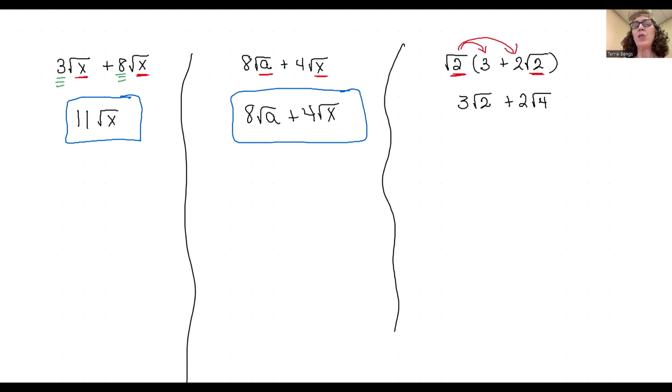We see if we can simplify. 3 square root of 2 can't simplify at all. But what is the square root of 4? We know that it is 2, so that's like saying 2 times 2. So we have 3 square root of 2 plus 4, and that's as far as we can go with this expression.